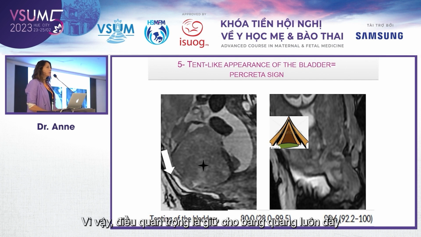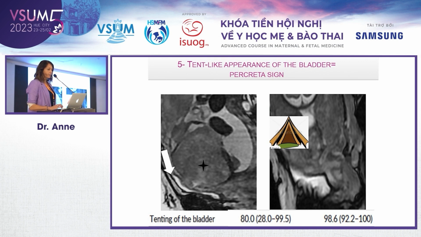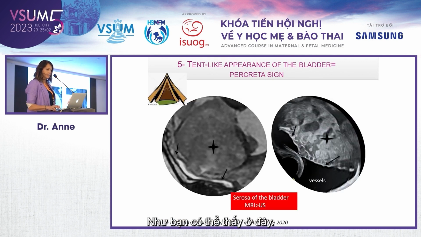So it is important to keep a full bladder when you perform ultrasound or MRI, because you will have a more important contrast between the placenta tissue and the bladder. Here you have this typical aspect of tenting of the bladder, as you can see here.